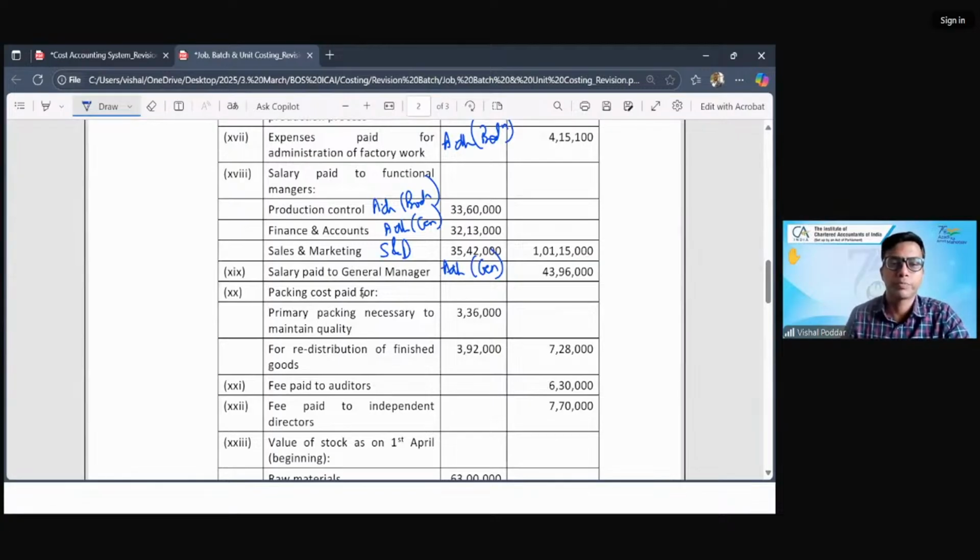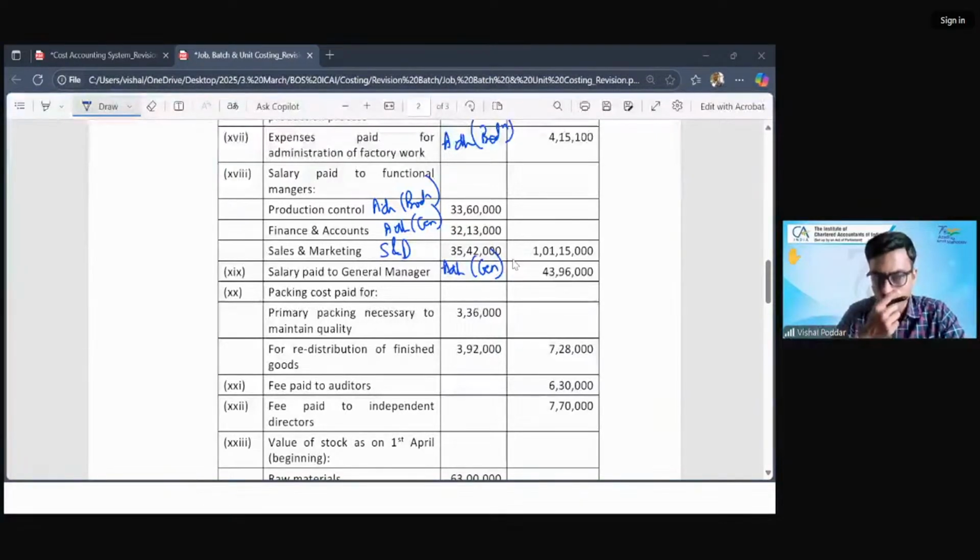Packing cost. Now, there are two types of packing. One is primary and one is secondary. Primary is required. That is the wrapping on the product itself.